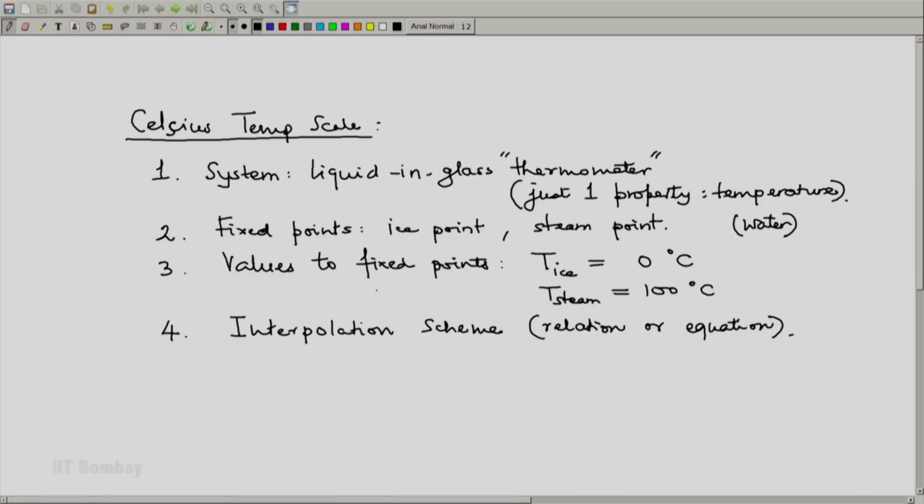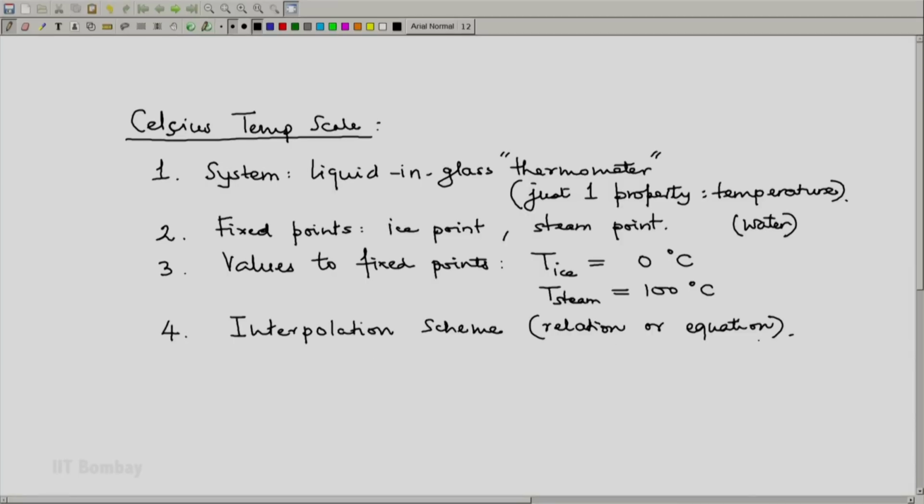Third, the values given to the fixed points. For Celsius scale, we give the values of 0 degrees C and 100 degrees C. So between these two limits, if you interpolate, the temperature will turn out to be on the Celsius scale.